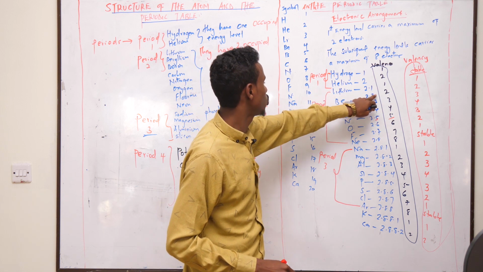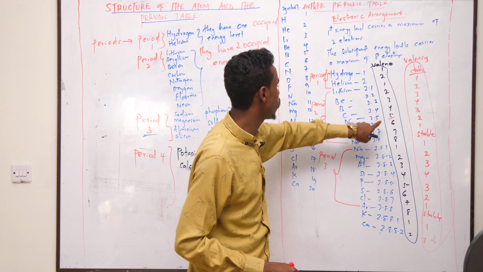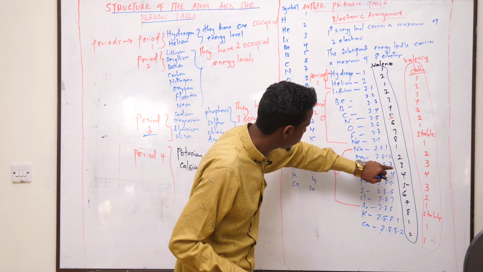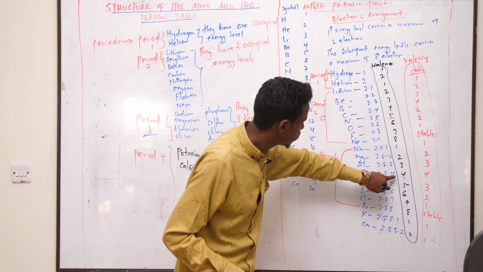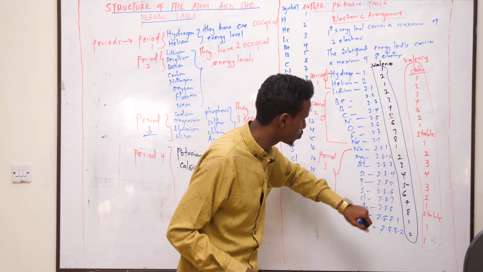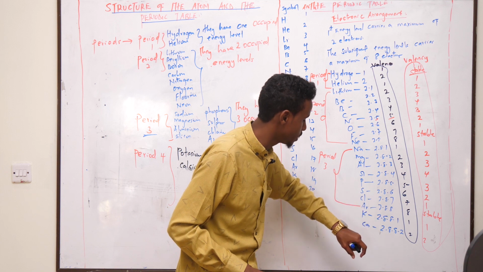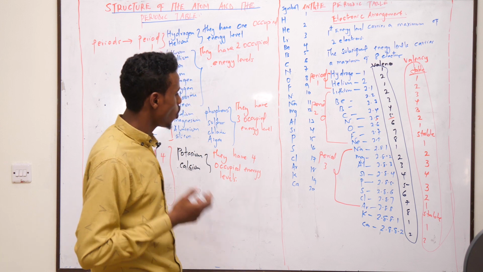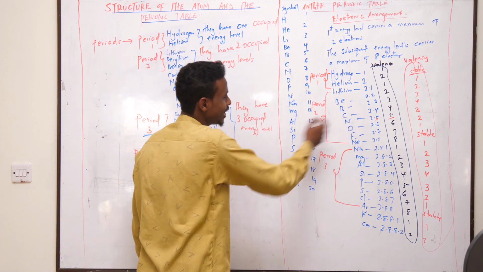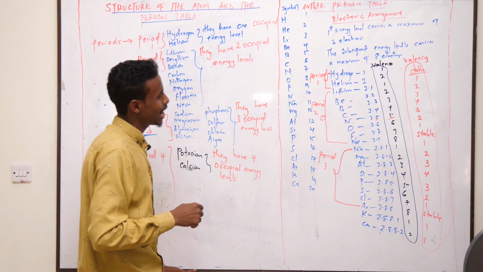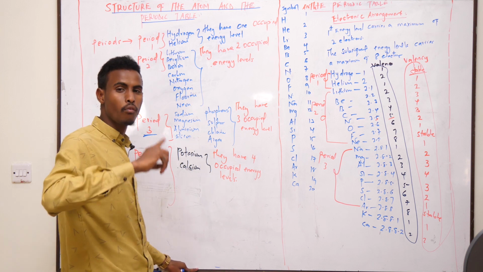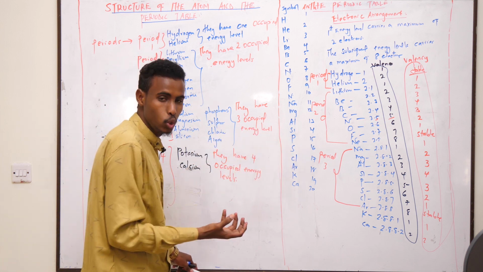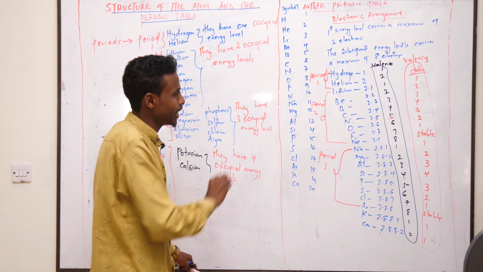Group 1, group 2, group 3, group 4, group 5, group 6, group 7, group 8. You just focus on the outermost energy level, how many electrons it is holding. The number of electrons in the outermost energy level in an atom of an element tells you which group the element is in.